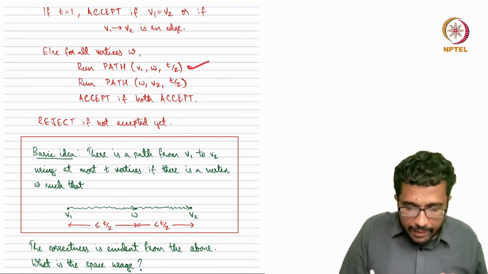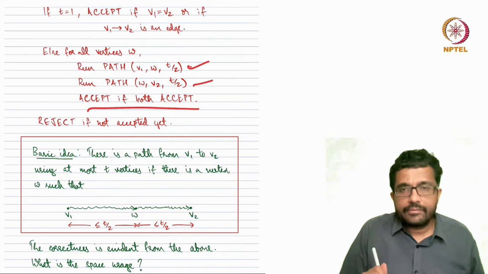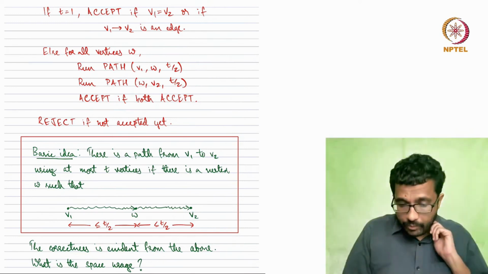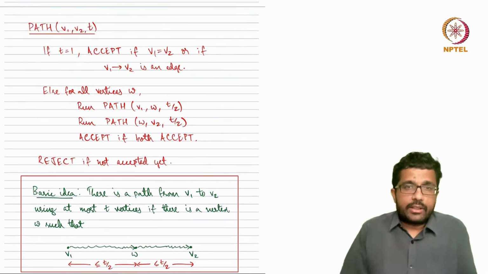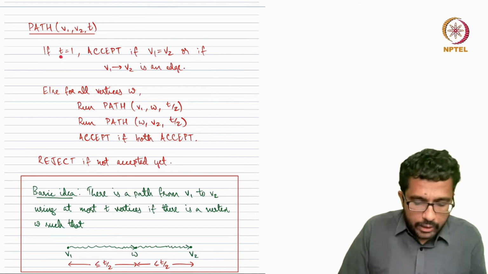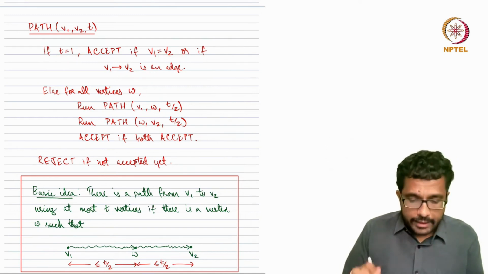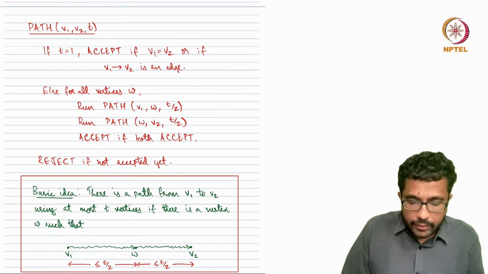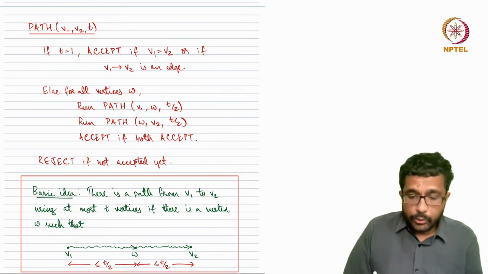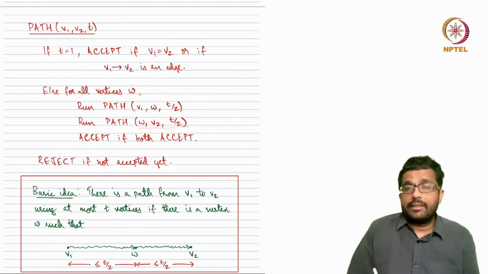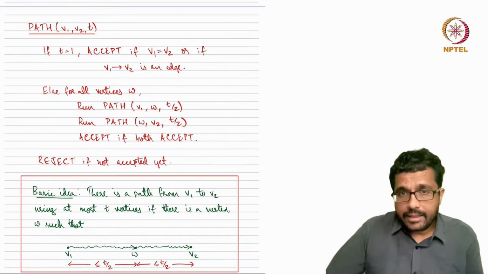And if both of them accept, then we accept. So once again, the algorithm is the following. If t equals 1, we accept with the simple conditions. If t is not 1, we check whether there is a path from V1 to W of length at most t by 2 and W to V2 of length at most t by 2, and accept if both accept.